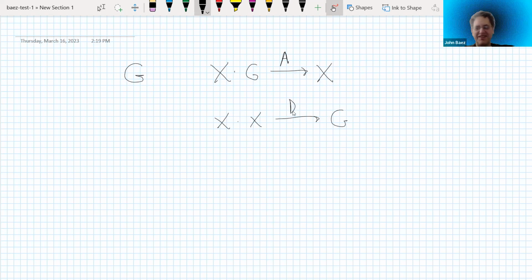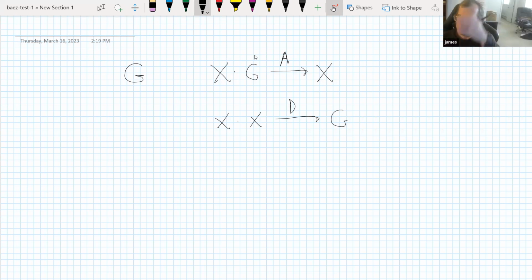We could follow our nose and figure out the commutative diagram to say that these two things fit together in the right way. I like to use elements of these things and write x divided by x prime.